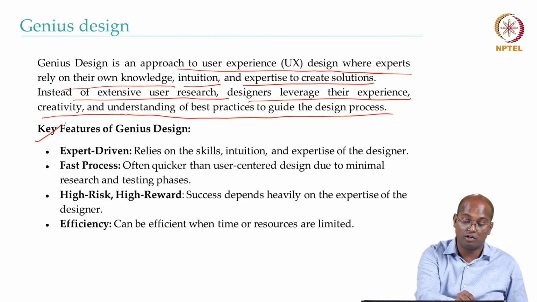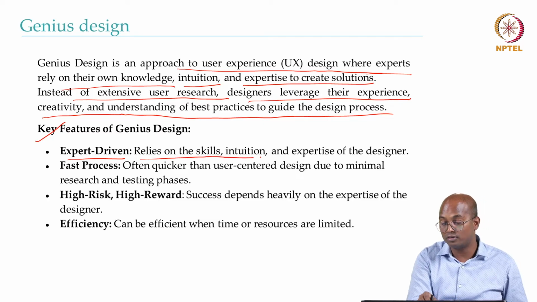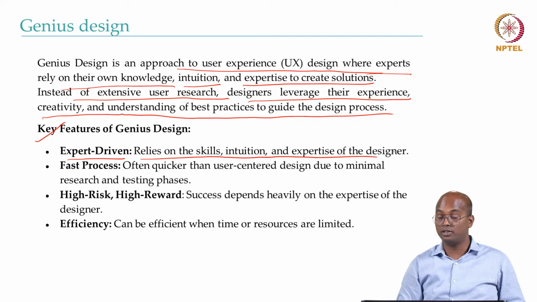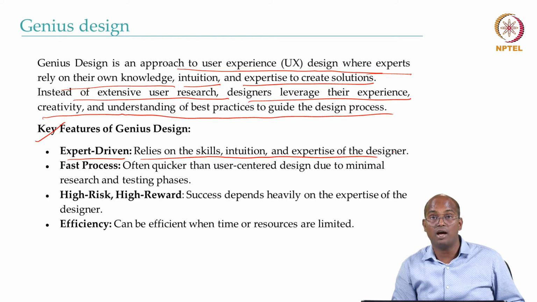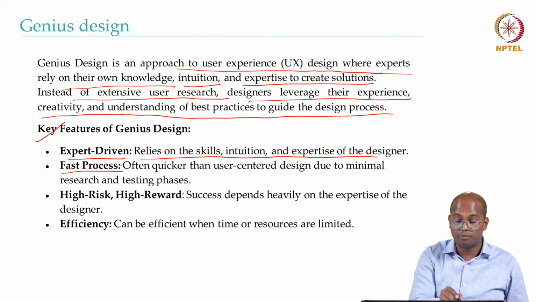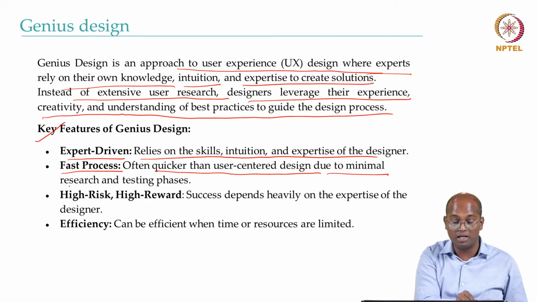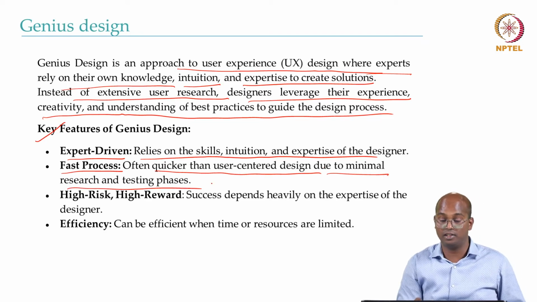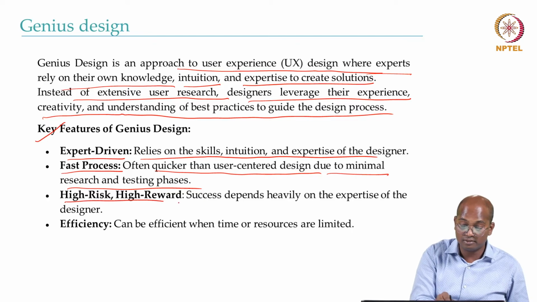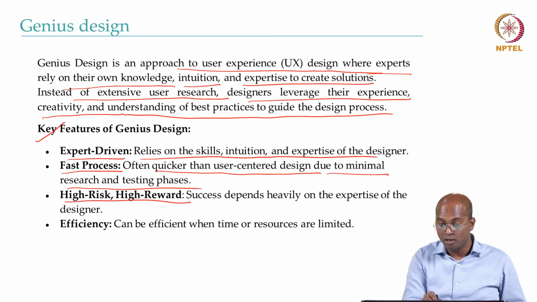So the key features of Genius Design include expert-driven, which relies on the skill, intuition, and expertise of the expert designer that you have. Fast process, often much quicker than user-centered design due to the minimal research and testing phases, as indicated earlier. High risk and high reward. Success depends heavily on the expertise of the designer.